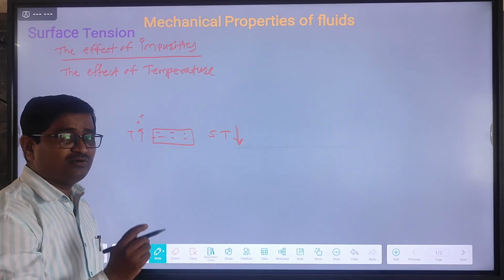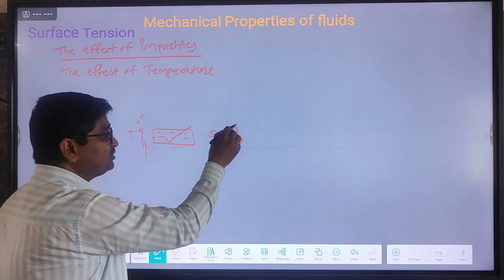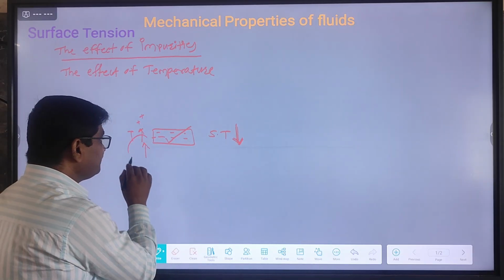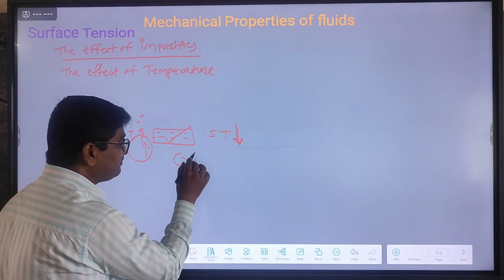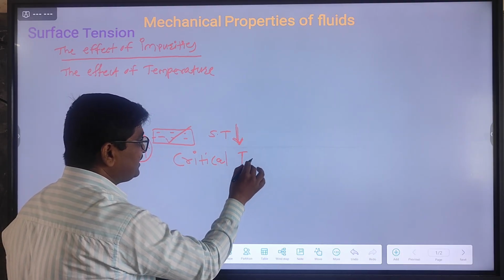However much temperature is given to that liquid, its total surface tension decreases and becomes 0. Such a temperature is called critical temperature.